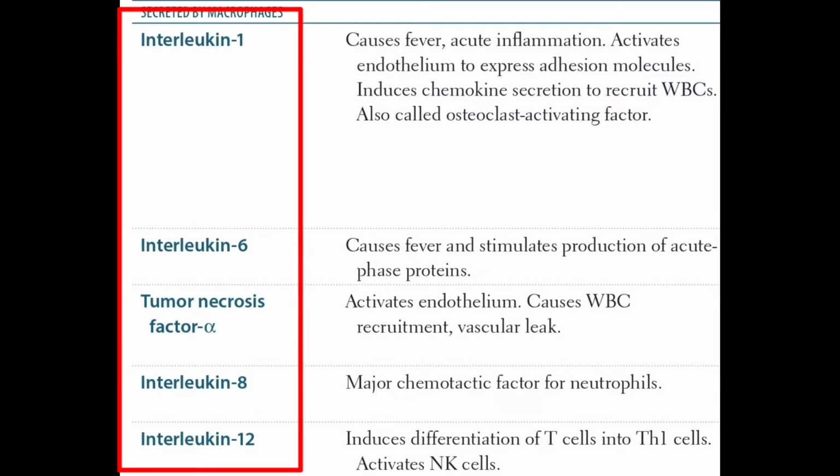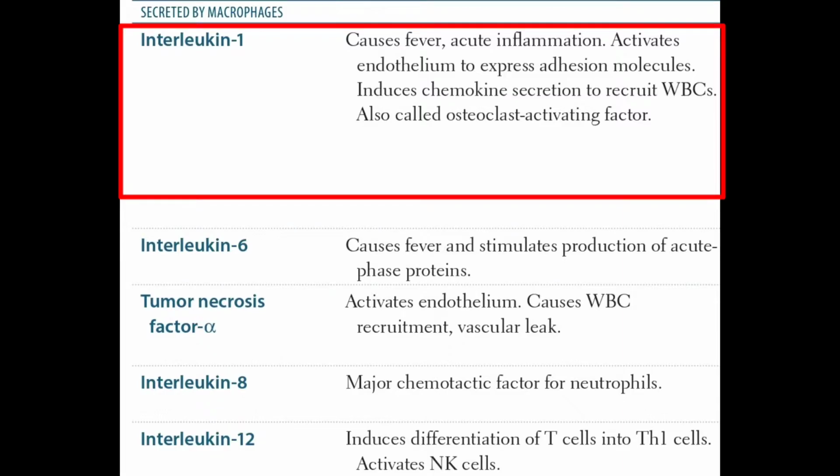First of all, let us talk about the various cytokines that are secreted by the macrophages. As I have already mentioned, they are interleukin 1, interleukin 6, tumor necrosis factor alpha, interleukin 8, and interleukin 12.